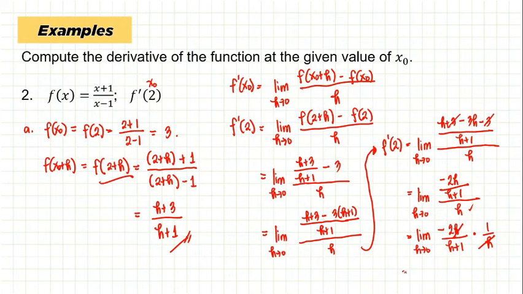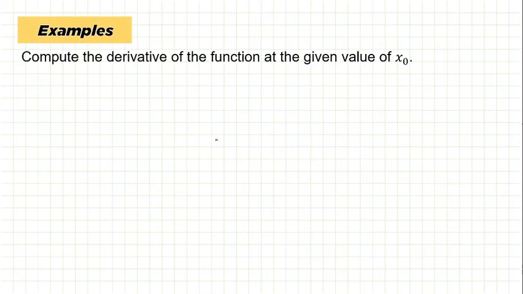So what's left is the limit of negative 2 over h plus 1 as h approaches 0. And this is equal to, using direct substitution, negative 2 over 0 plus 1, or just negative 2. And that is now our answer for number 2. Okay, so we have negative 2.